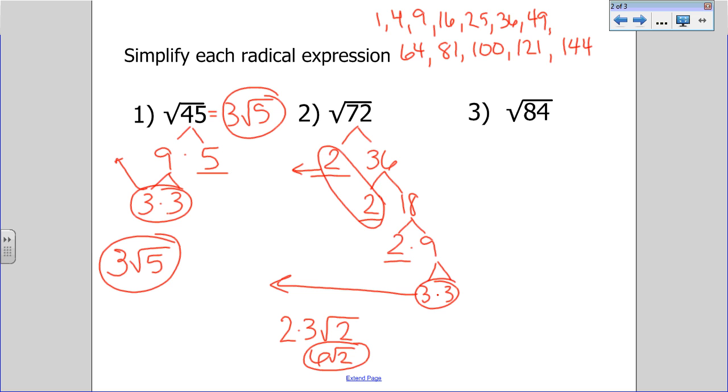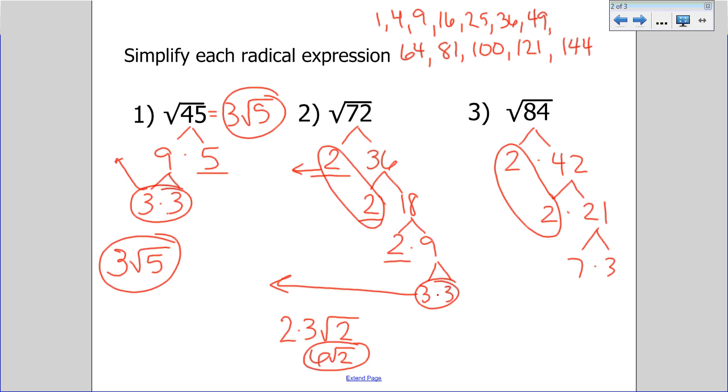If we take a look at square root of 84, once again we can break that down. This is 2 times 42. We can do that again and do 2 times, and this would give me 21. So here's a pair of 2's. 21 is 7 times 3.